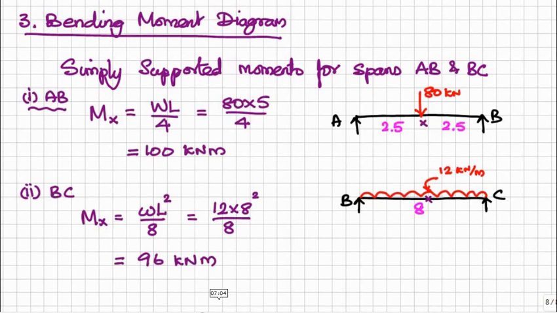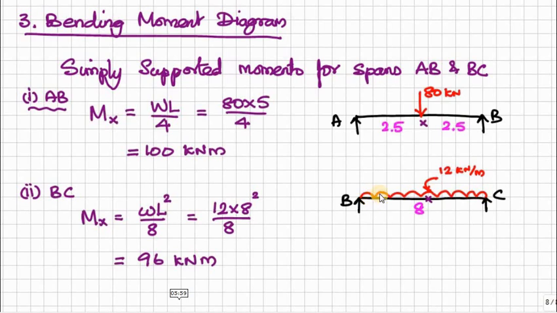So in order to draw the bending moment diagram, we also need the moments in the case of simply supported spans AB and BC. For the central load we have 80 kN, therefore the maximum moment under the load is equal to WL by 4, so it is 100 kilonewton meter.